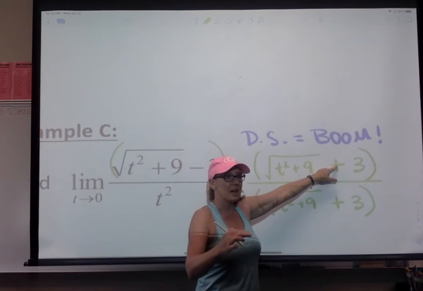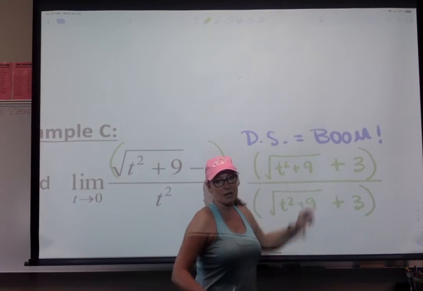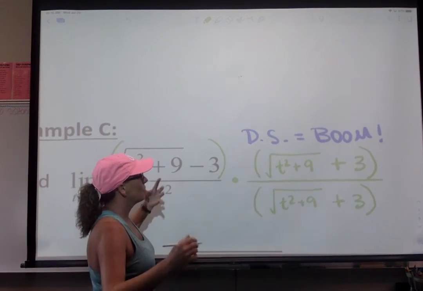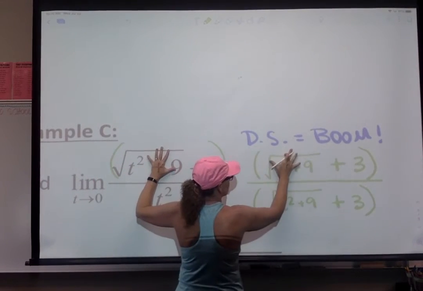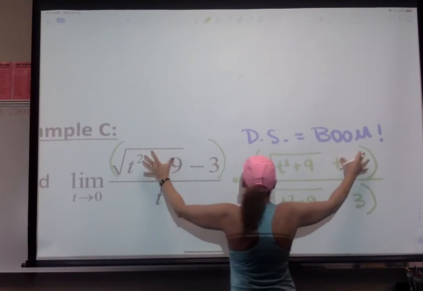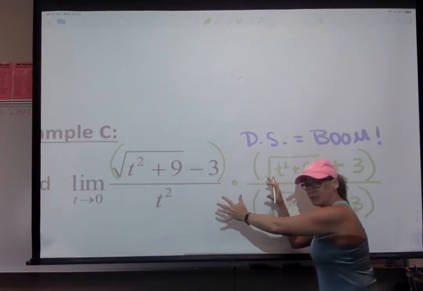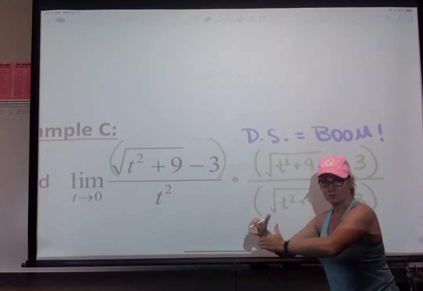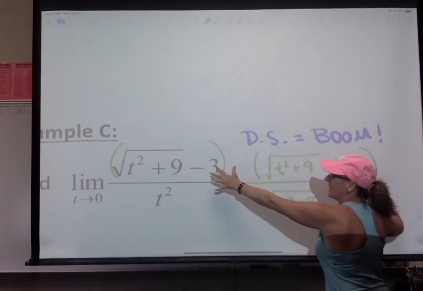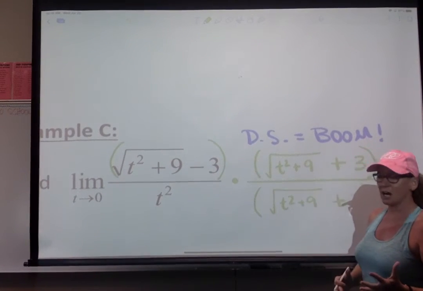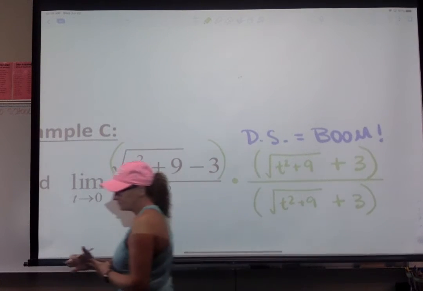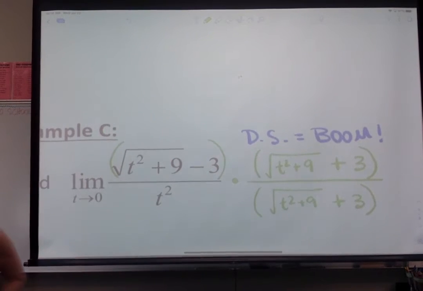The reason you did that is so that your O and your I will cancel out. So we're going to go first. We're going to multiply radical times radical. When we do outer, we get a positive term. When we do inner, we get a negative term. They're going to cancel out. And then we're going to do last. So basically, all we need to do is first and last, because our outer and inner are going to cancel.